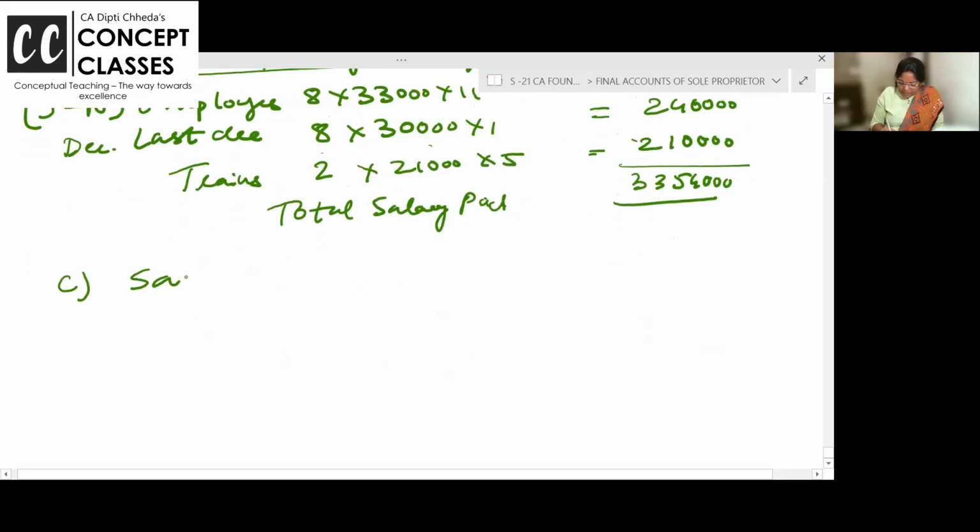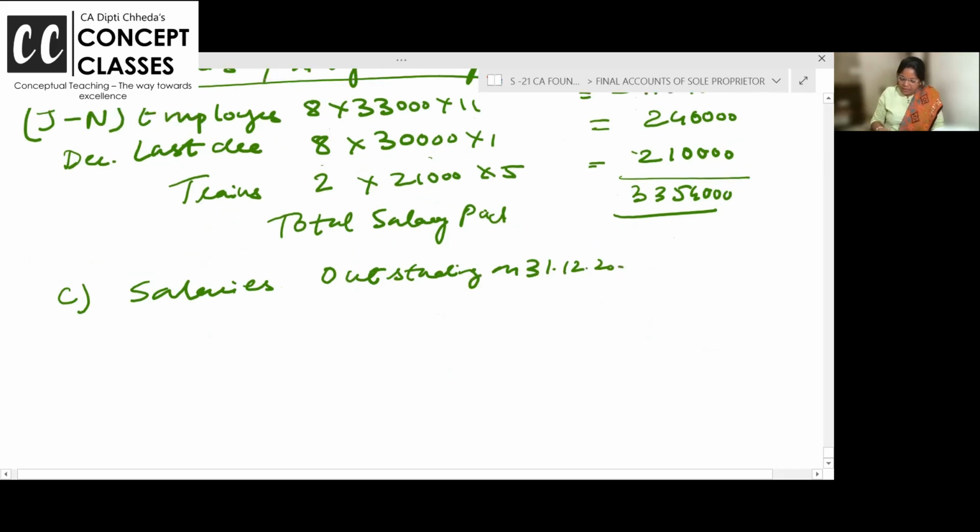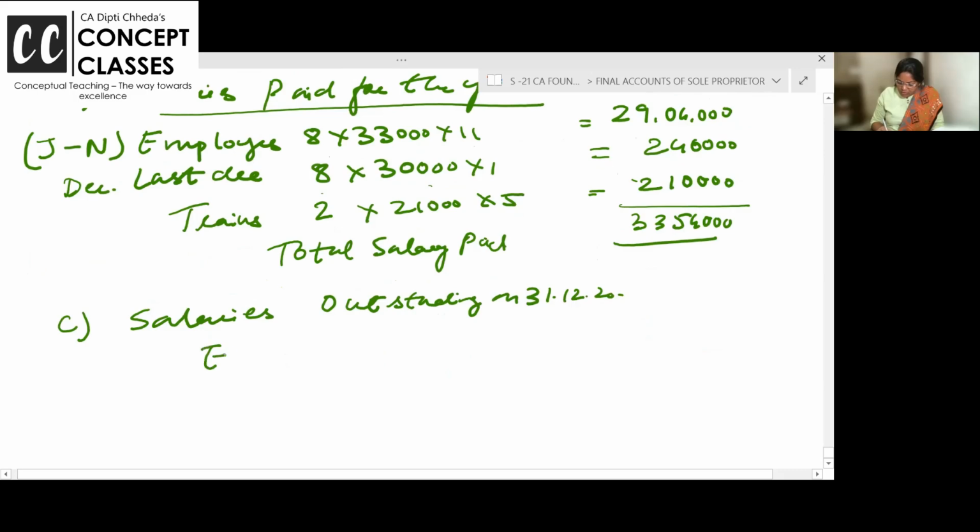Now, what is the salaries outstanding? On 31/12/2020. Normal, all the employees, 8 into 33,000 into 1: 2,64,000.